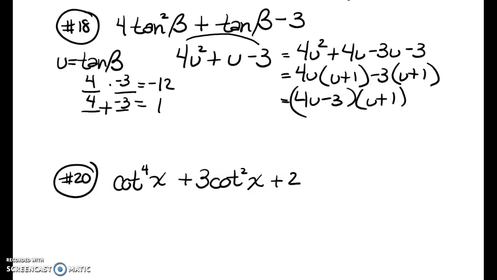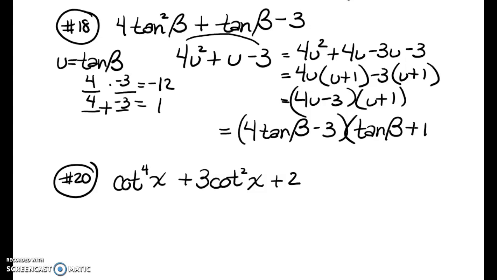And now I can just go ahead and substitute tangent of beta back into this expression to get a factored form of 4 tangent of beta minus 3 times tangent of beta plus 1. All right, so I'm going to start up another video to finish the examples.